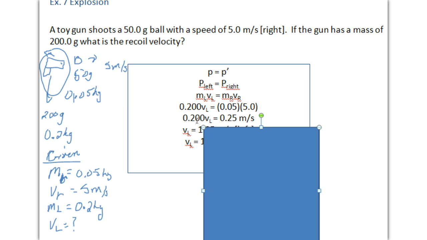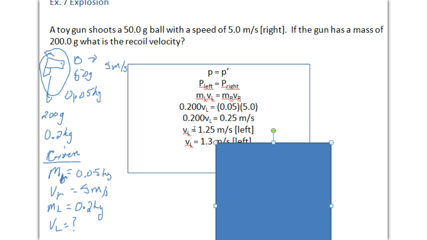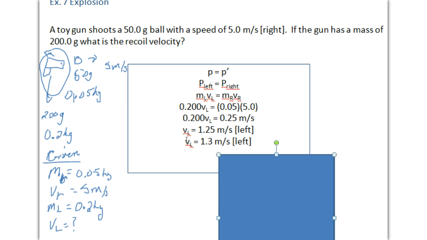And now just solve your math. You get 0.25, so divide by 0.2. And you get 1.25 meters per second to the left. Or in significant digits, and I may have said scientific notation earlier, I meant to say significant digits, 1.3 meters per second to the left.